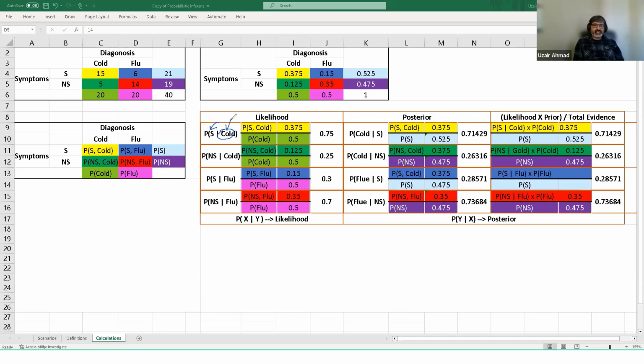So given information is after this pipe sign. Given that the person has cold, we know the person has cold. What is the probability person is sneezing? How shall we calculate? Numerator is joint probability of sneezing and cold. And denominator is the marginal probability of the known information.